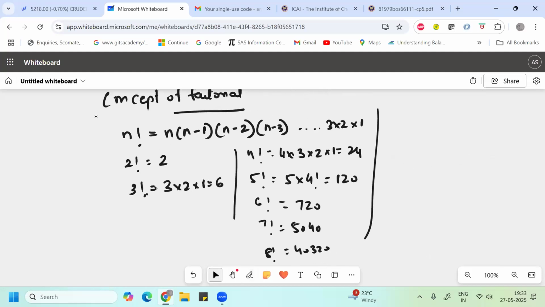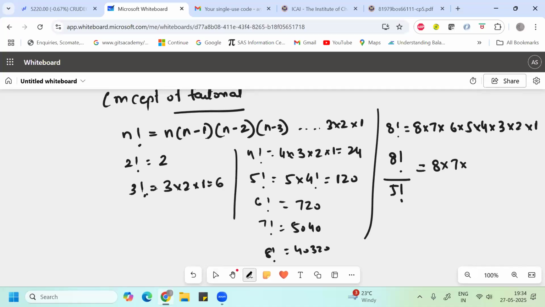So 8 factorial is 8 into 7 into 6 into 5 into 4 into 3 into 2 into 1. Imagine if I'm asking you 8 factorial by 5 factorial. What will it give you? It will be 8 into 7 into 6 into 5 factorial by 5 factorial. 5 factorial and 5 factorial get cancelled.